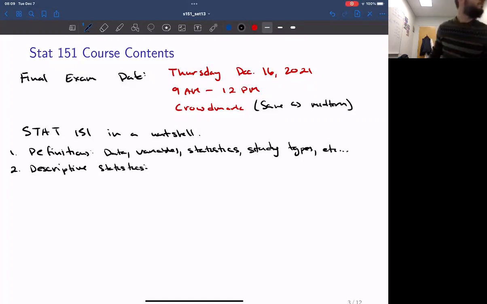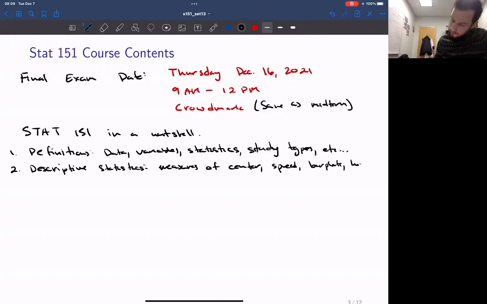Right, so in this unit, we had things like measures of center, spread, bar chart, bar plots, histograms, box plots, etc.